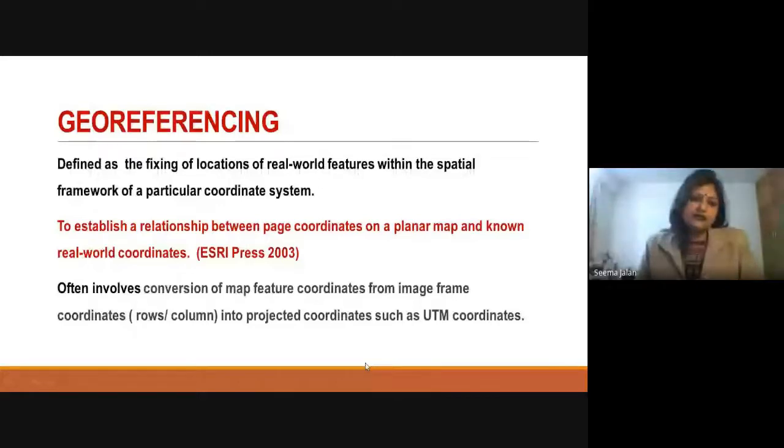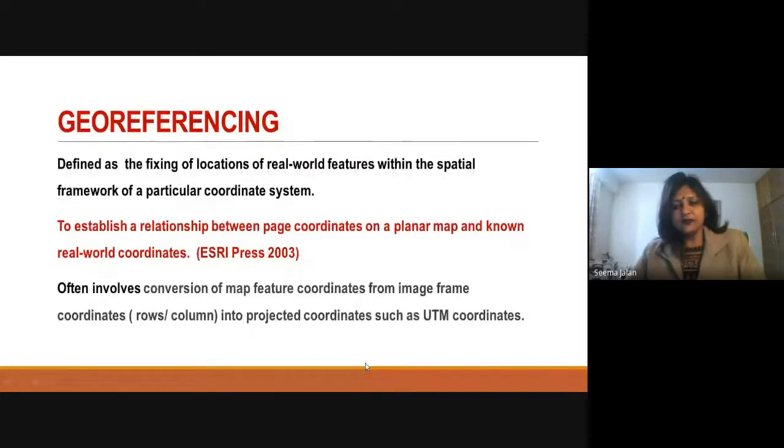So till now we have learned how to define the location of any real world feature. Now we said that in GIS we need to represent the different features on the surface of the earth within the GIS environment in the form of layers.